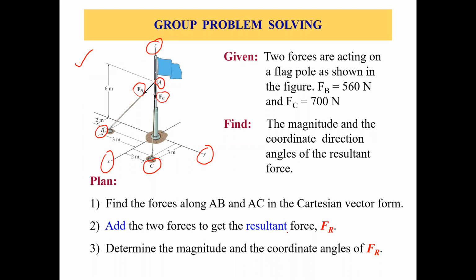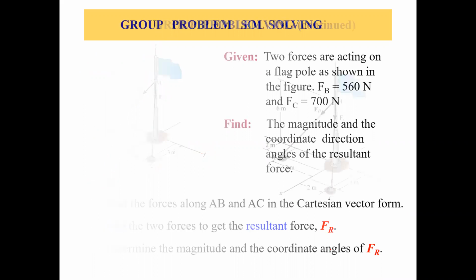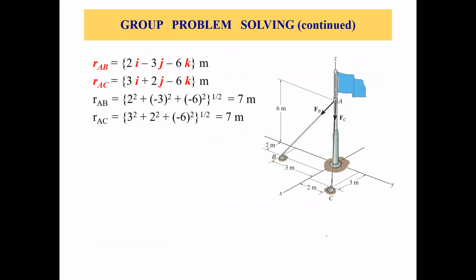So we have the geometry given, we have the distances, we have the coordinates. Now we can go ahead and find FAB and FAC in Cartesian form. To find the two force vectors in Cartesian form, what do we need? We just did one problem and learned the concept before that.